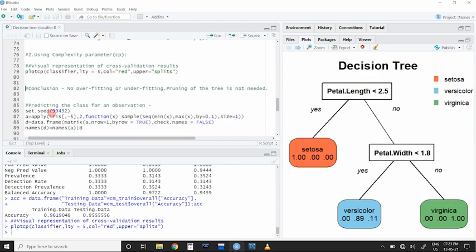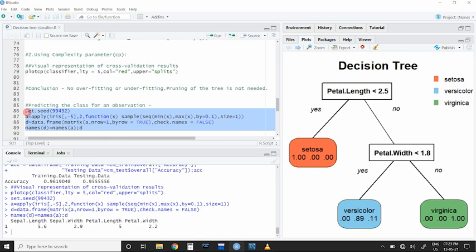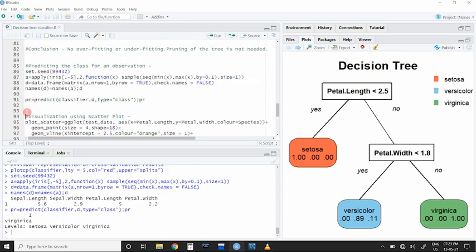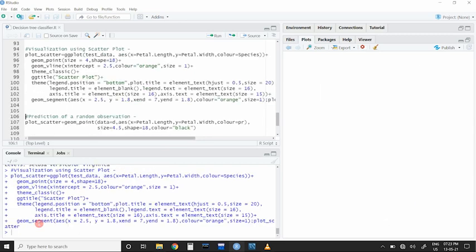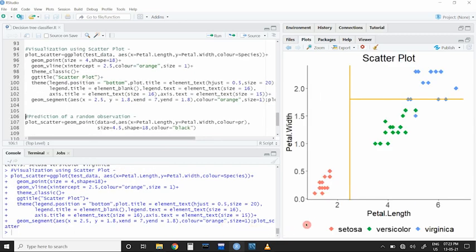Now that I know the model is performing well, I have predicted the class of a random observation. This flower has measurements 5.6, 2.9, 5 and 2.2 centimeters and is predicted to have species Virginica by the decision tree. To visualize this, using a scatter plot of testing data, you can see petal length on the x-axis and petal width on the y-axis.